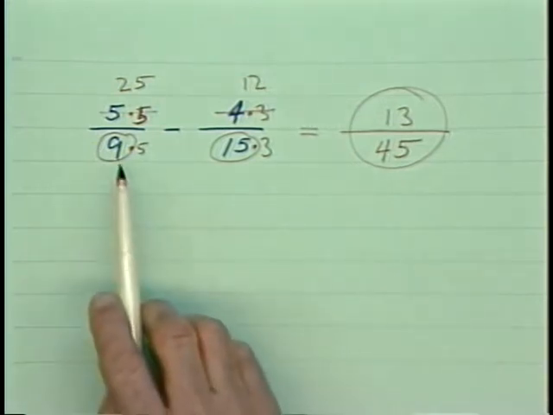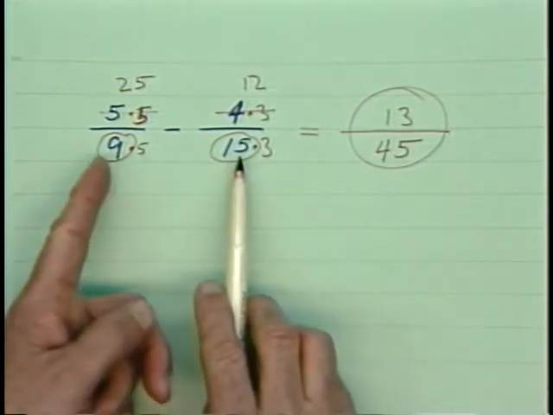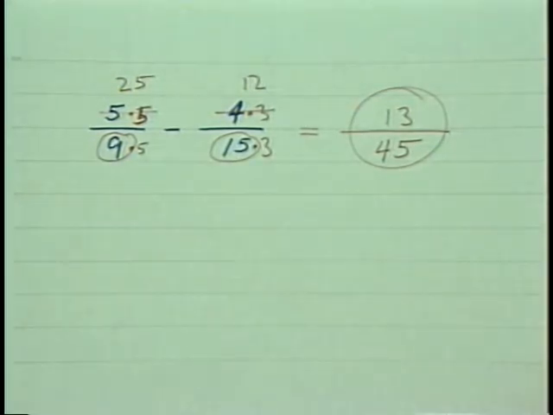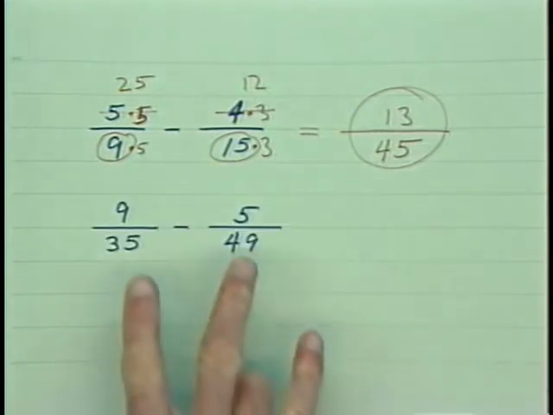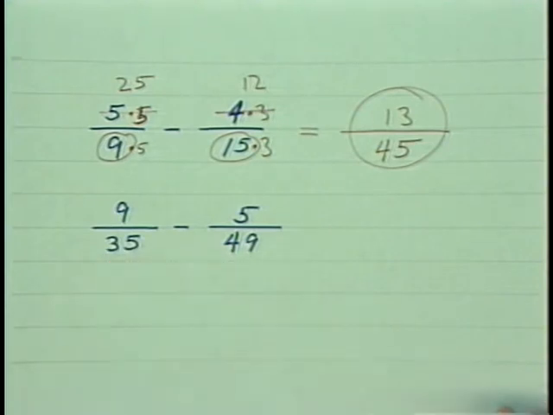Now, sometimes finding the common denominator isn't as obvious as this, but at the same time not as messy as on the last problem. Say with this problem, it's not quite so obvious what the lowest number is that 35 and 49 will each divide into.